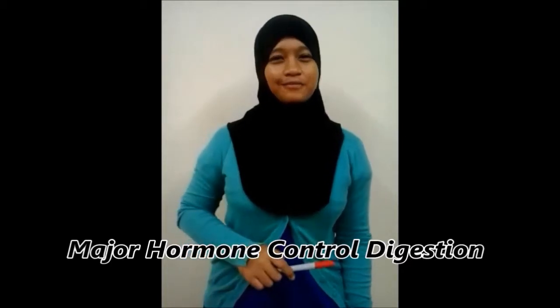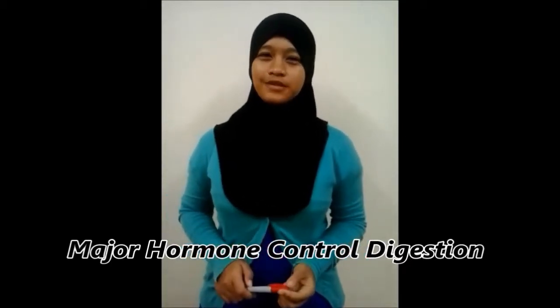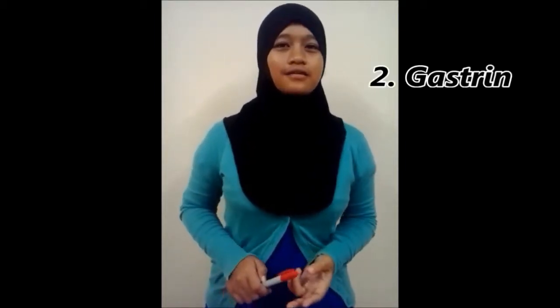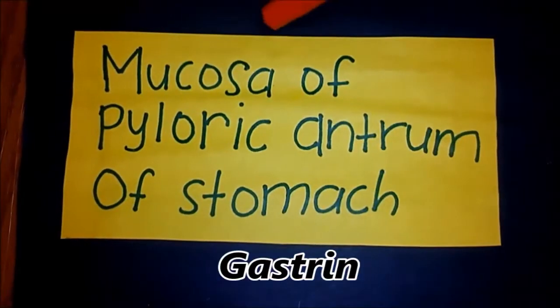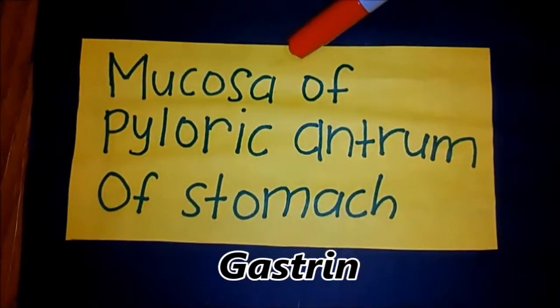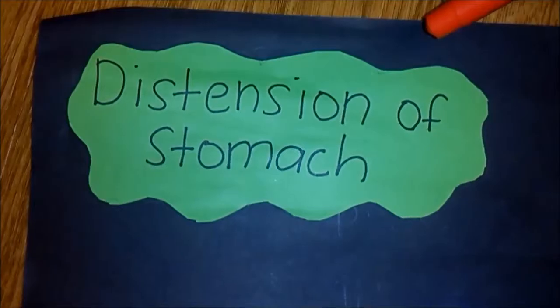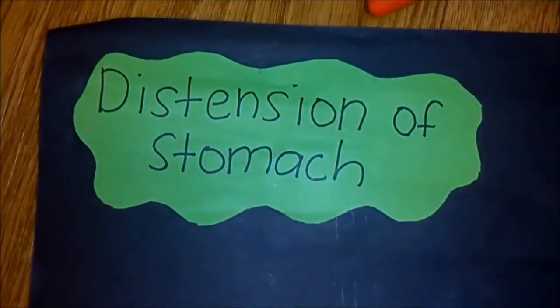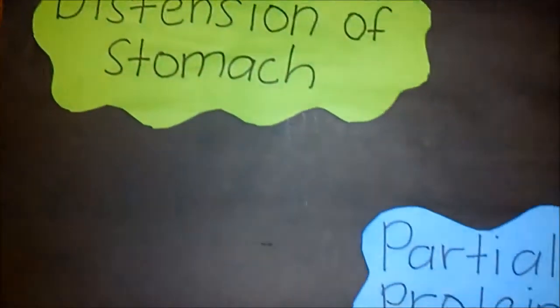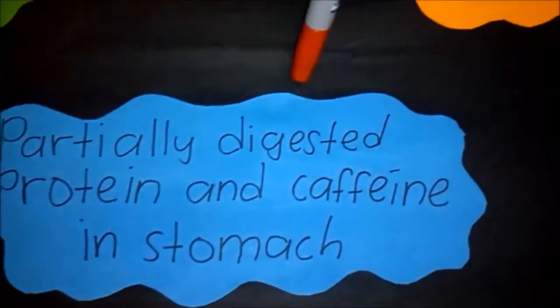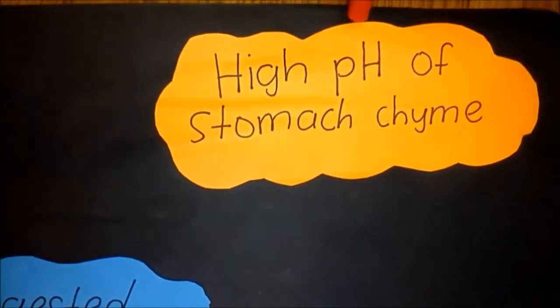Okay, today I want to explain the three major hormones that control digestion. They are secretin, gastrin, and cholecystokinin. In the mucosa of the pyloric antrum of the stomach, there are enteroendocrine G cells which secrete gastrin. The stimuli of gastrin secretion are distension of the stomach, partially digested protein and caffeine in the stomach, and high pH of stomach chyme.